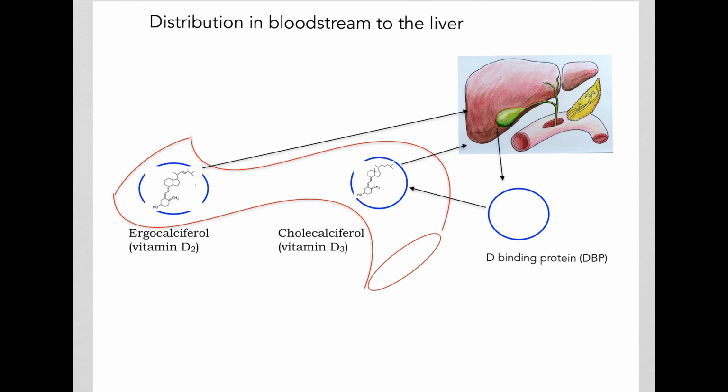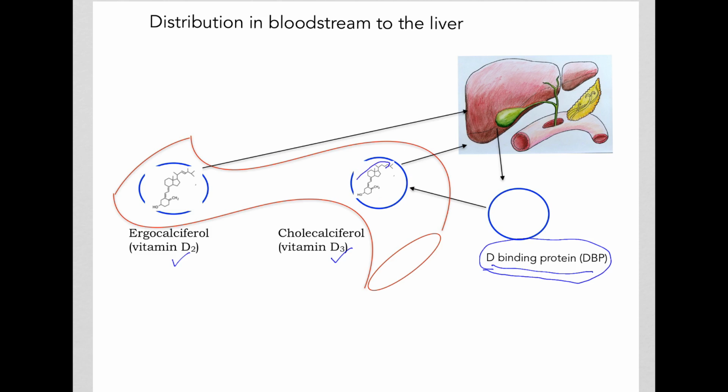So this D2 that comes from the diet, as well as D3 that can come either from the diet or from synthesis in the skin keratinocytes, they are all sent into the bloodstream. And in the bloodstream, these biomolecules are not water soluble, so they bind and are transported in the bloodstream by the protein D binding protein or DBP.